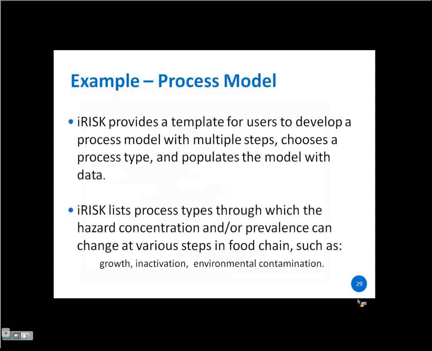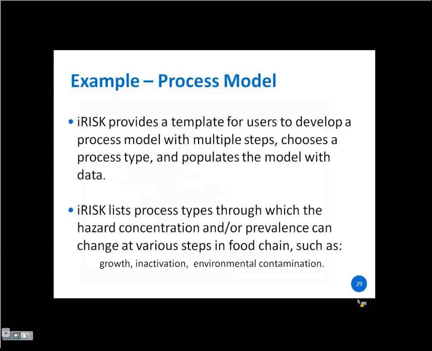After entering data for the initial conditions, the user can develop a process model with multiple steps, describe the changes that can occur at those steps to the pathogen, and populate the model with data. In iRISK, there are a number of process types, and we'll see exactly what these are in the next slide.